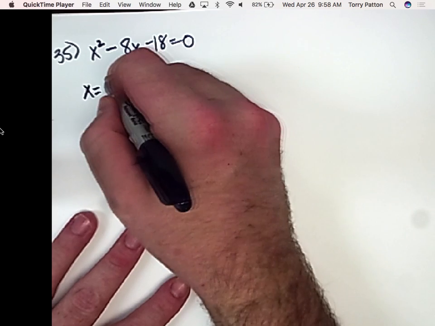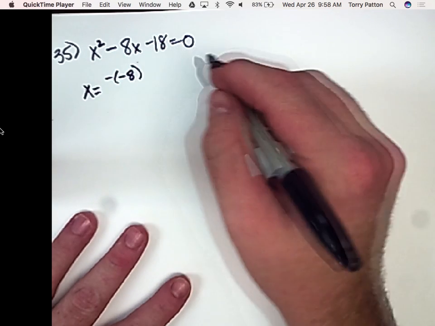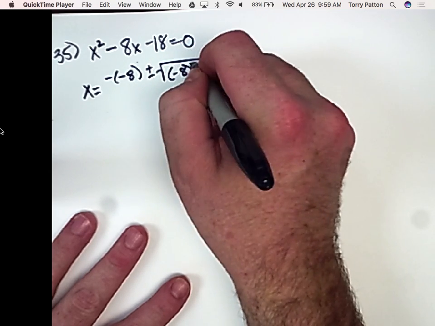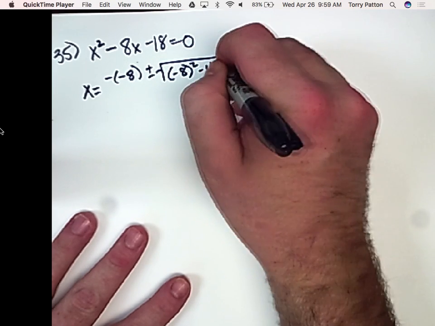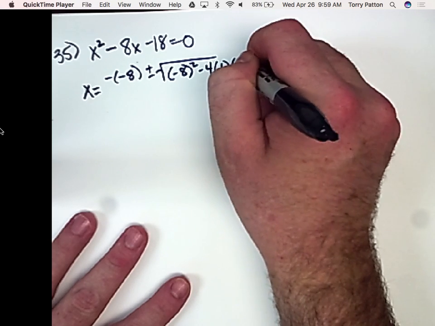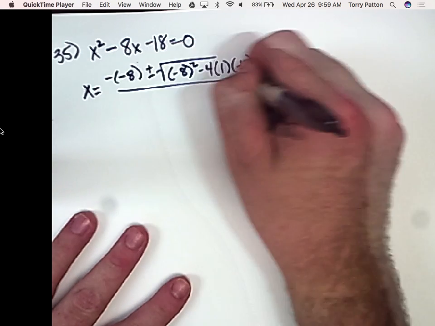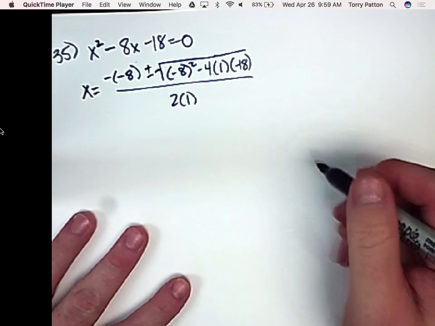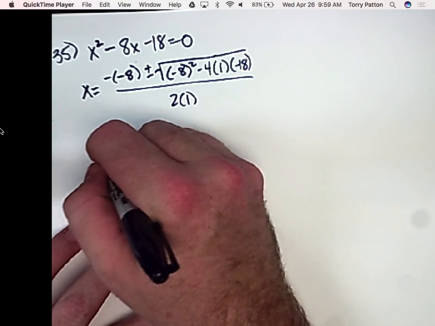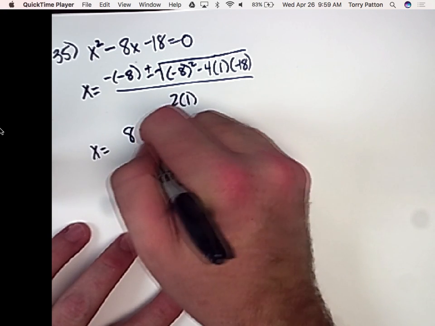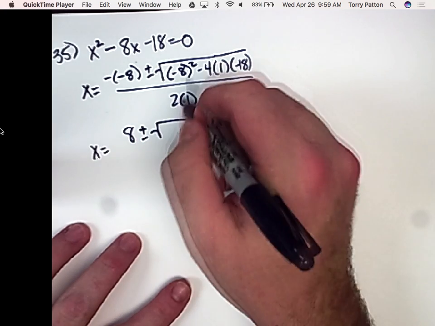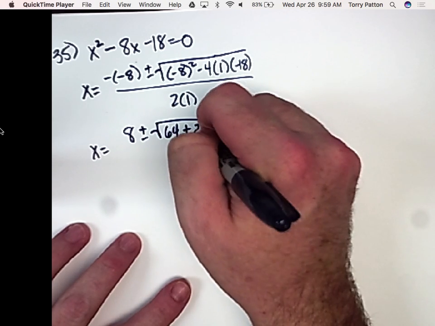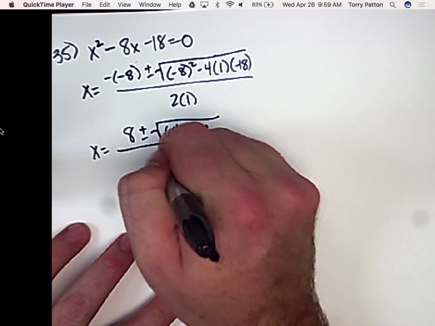X equals the opposite of b plus or minus the square root of b squared minus 4 times a times c, all over 2a. Okay, so that becomes positive 8 plus or minus the square root of 64 plus 72, over 2.